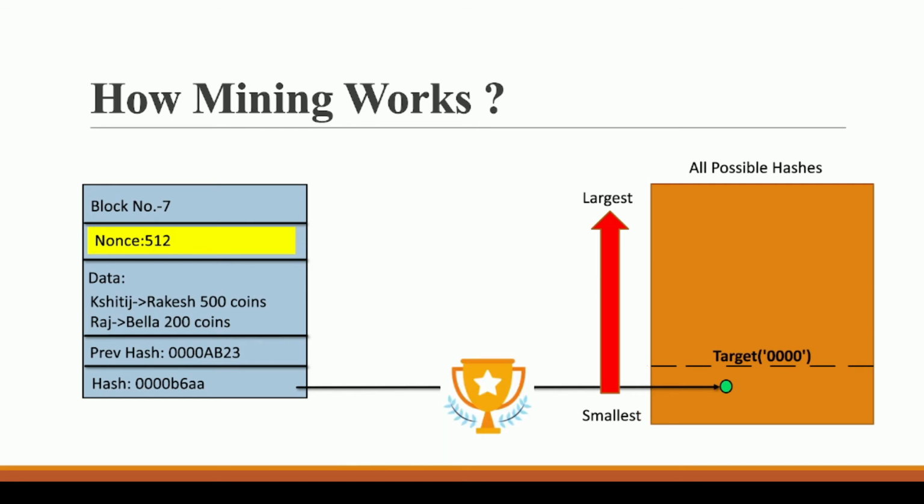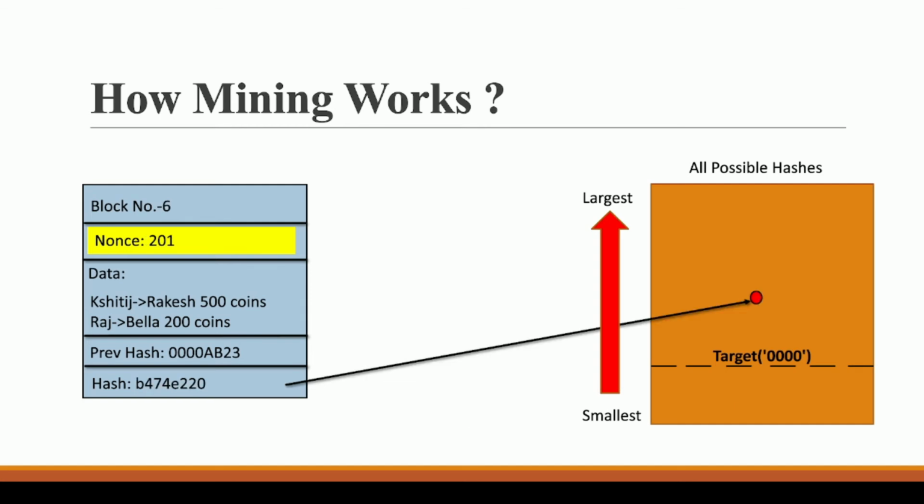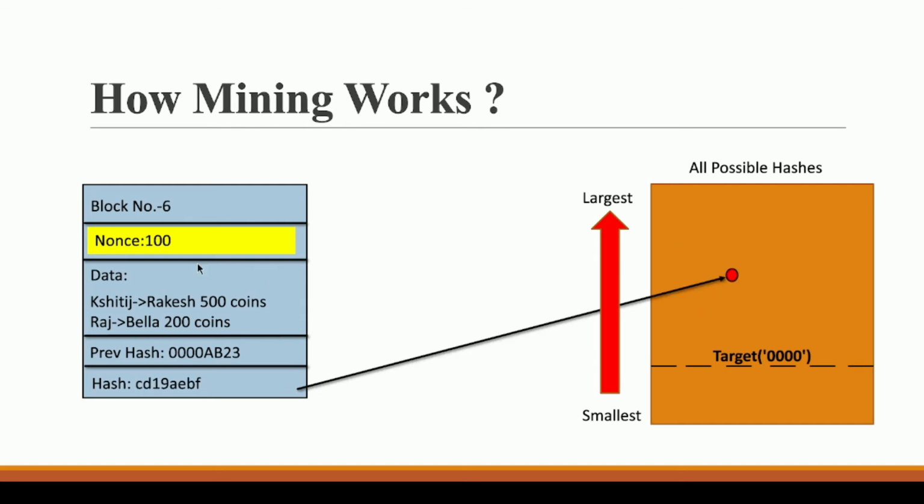Before moving further, let me tell you one more thing. Some of you might have this question: the nonce we are generating looks so simple, we can generate a nonce and it will lead us here, because all these hashes are from smallest to largest. So just generate a nonce which will lead us to this, right?